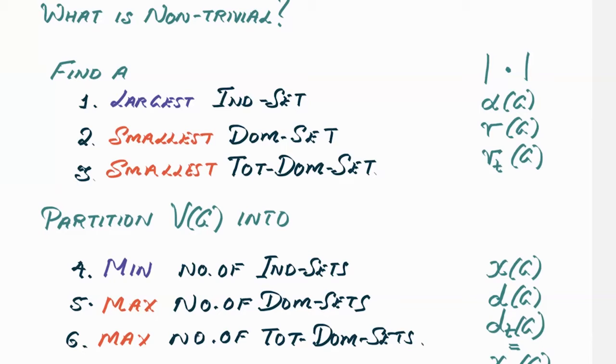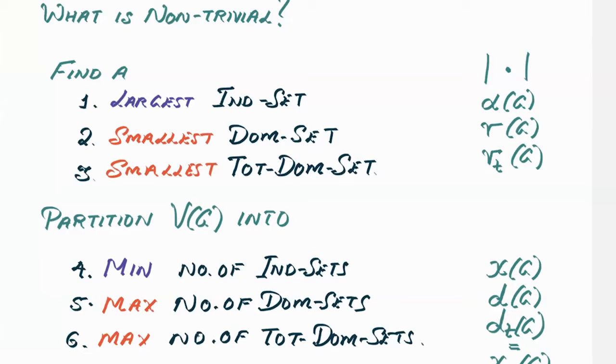But now think about the coloring way of viewing it, which is about partitioning the vertex set into different parts where each part is a set of our type. In the case of independent sets, the non-trivial question is to minimize the number of independent sets. This is the classic chromatic number question. The minimum number of independent sets into which you can partition a graph is the chromatic number of that graph, denoted by chi of G. Whereas when it comes to partitioning into dominating sets or total dominating sets, the natural question is the maximum number of parts.